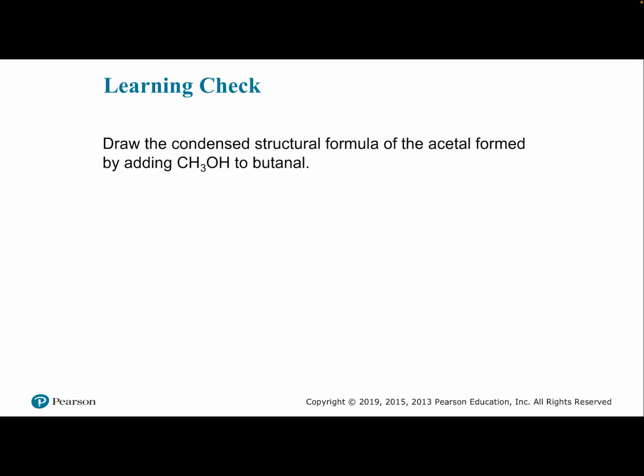Draw the condensed structural formula for the acetal formed by adding CH3OH, or methanol, to butanal. Butanal plus methanol. So first off, this is going to be a hemiacetal. We're going to get a hemiacetal.